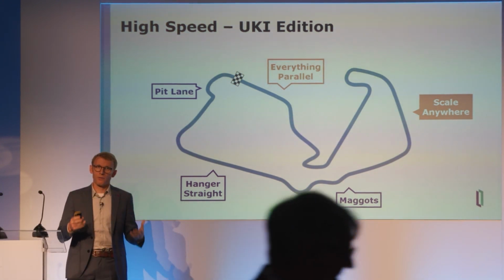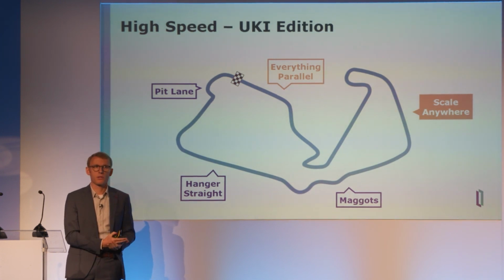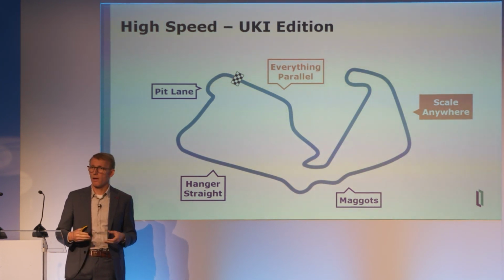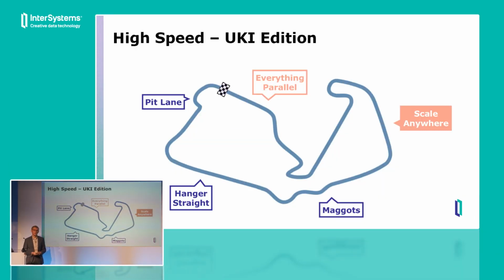We have two technologies in this area: one for scaling compute, called ECP, which has been around for a really long while, and one for scaling out across the data axis, called sharding, which is new in Iris compared to Cache, but has been around since 2018.